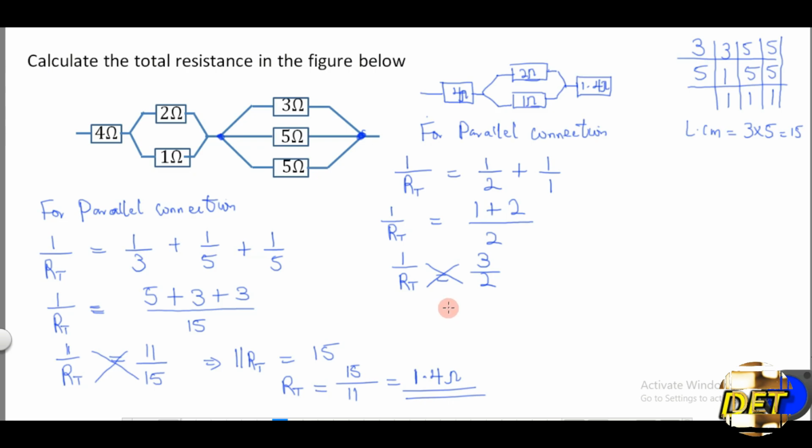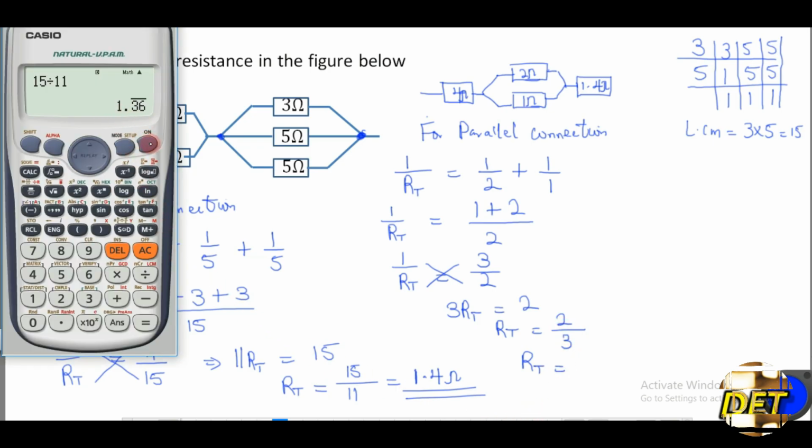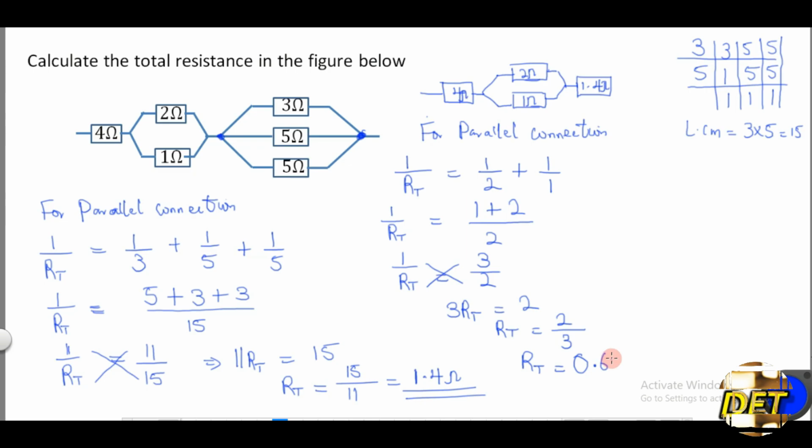So R_T times 3 will give me 3 R_T is equal to 1 times 2, which is 2. So my R_T will be equal to 2 divided by 3, which is 0.67 ohms.